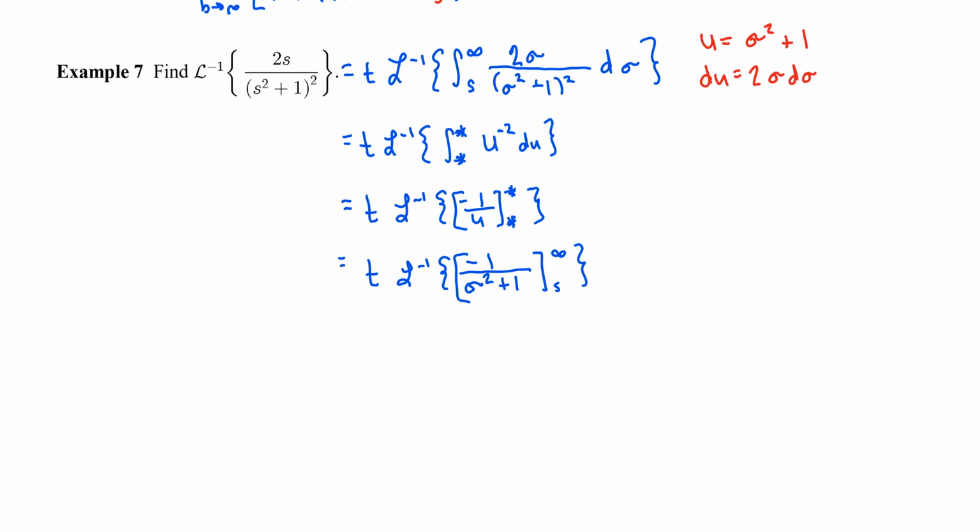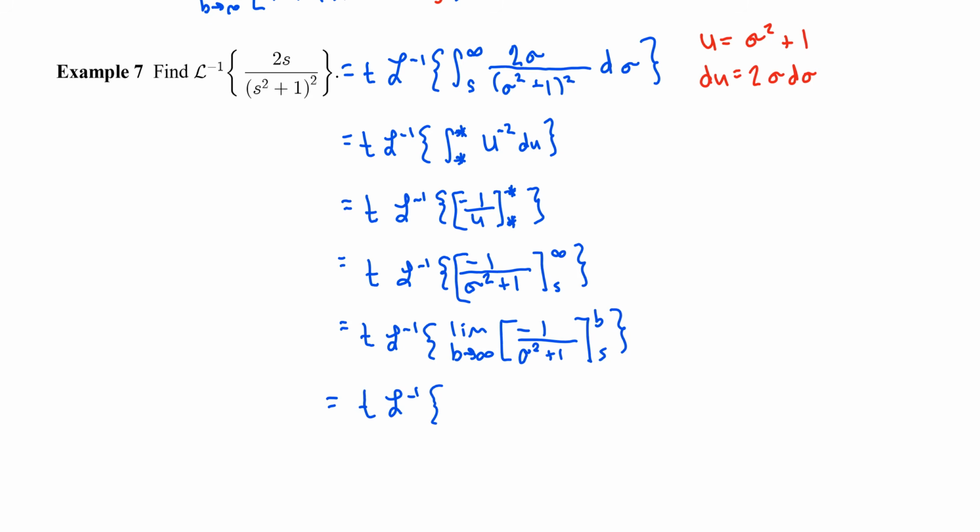So applying our limits of integration there, we have the inverse Laplace transform of the limit as b approaches infinity of negative 1 over sigma squared plus 1 from s to b. Applying our upper limit and lower limit, we have the limit as b approaches infinity of negative 1 over b squared plus 1 minus a negative 1 over s squared plus 1.